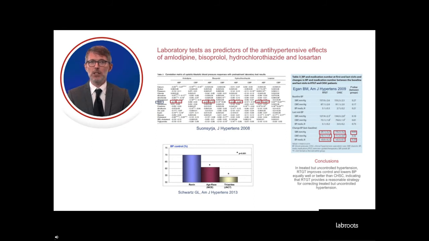In this small study, for example, the renin approach performed, in terms of blood pressure reduction, significantly better than the reduction of blood pressure obtained with the suggestion of a hypertension specialist.